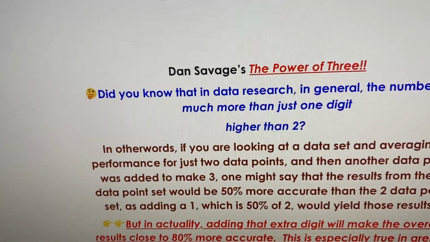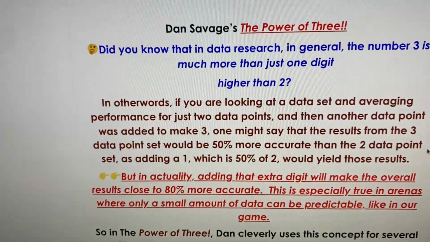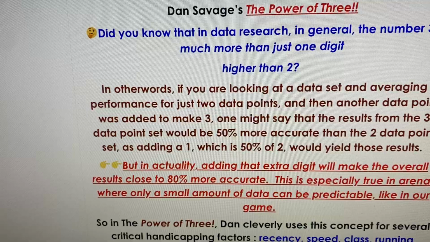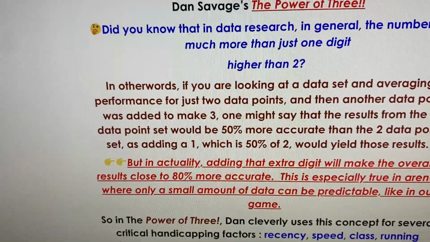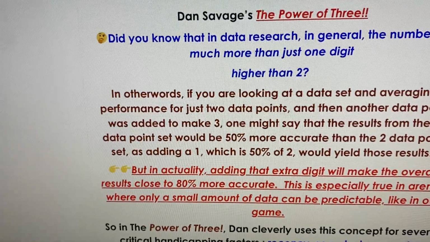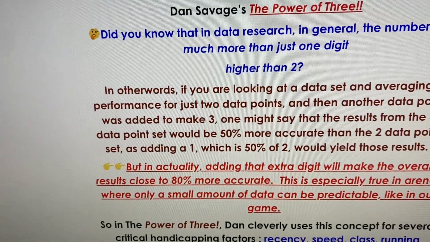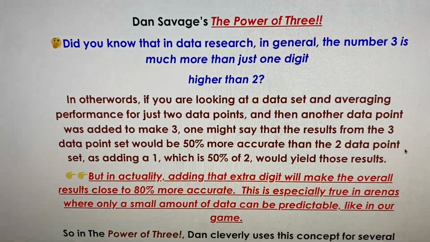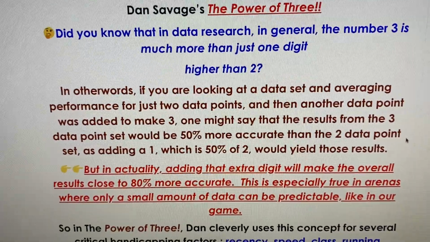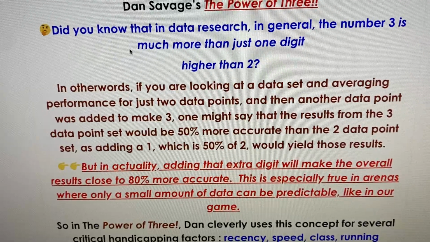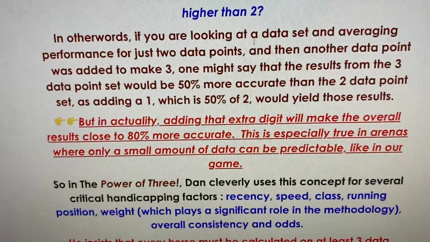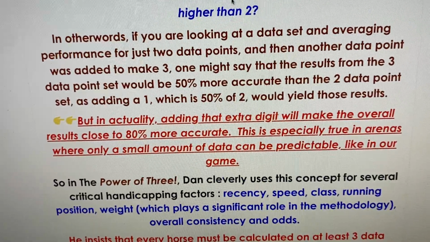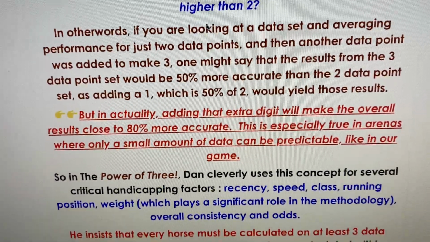Basically, his theory is that you can overdo research, you can overdo data research. Don't know if that's true in every area of research, but in horse racing, it certainly seems to be that way from what he showed us. It says, did you know in data research, in general, the number 3 is much more than just 1 digit higher than 2?